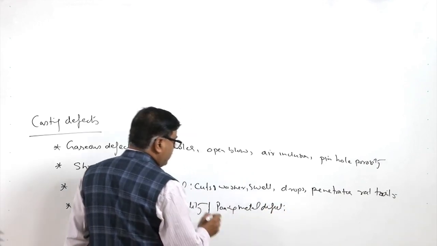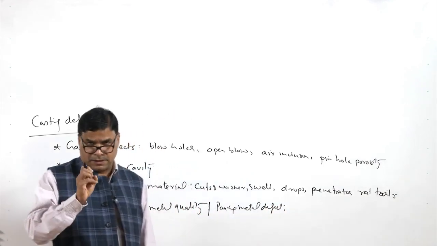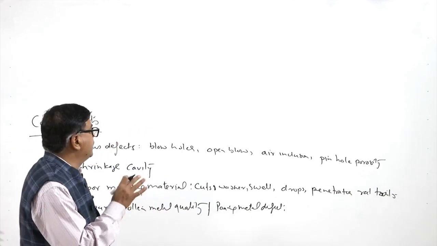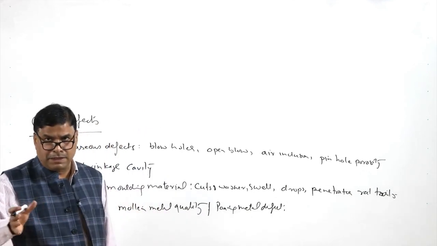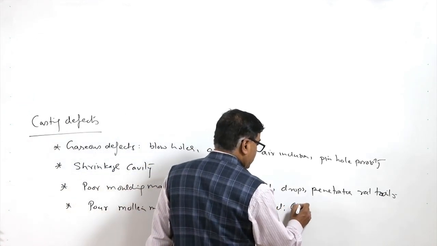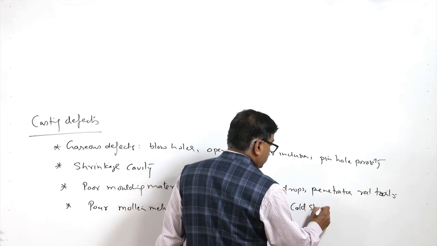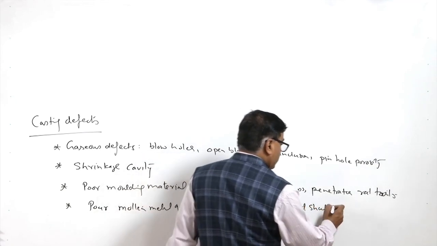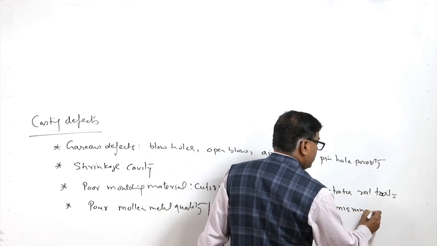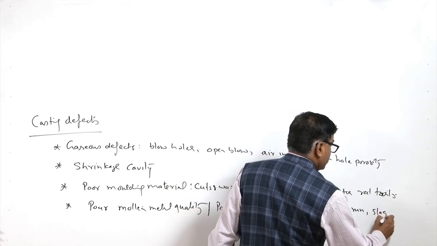These may be in the form of impurities present in the molten metal which is poured into the casting, or the molten metal being poured is not of the correct temperature, because of which some defects develop in the casting, like cold shut and misrun and slag inclusions.